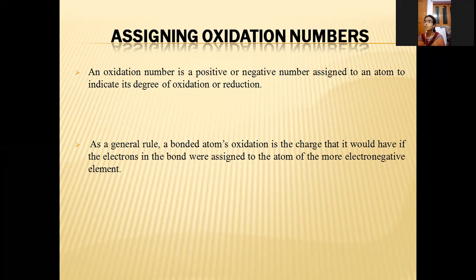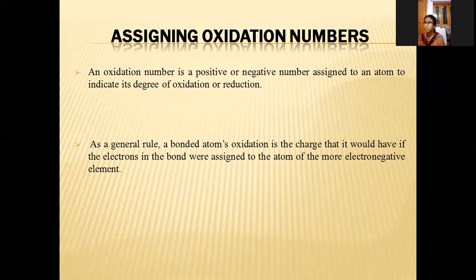As a general rule, a bonded atom's oxidation number is the charge that it would have if the electrons in the bond were assigned to the atom of the more electronegative element.